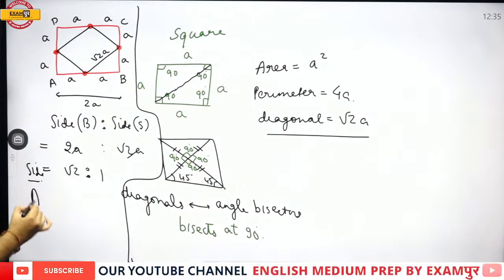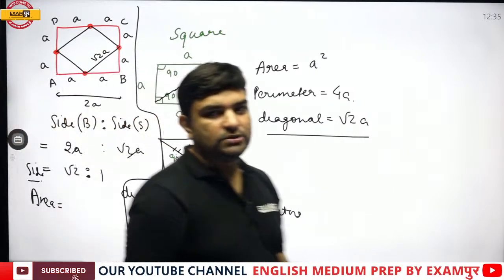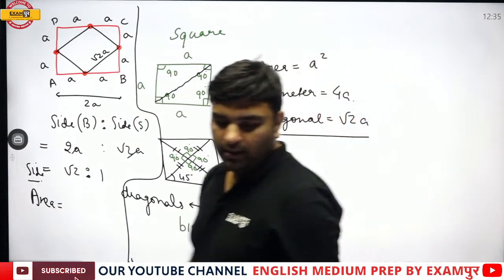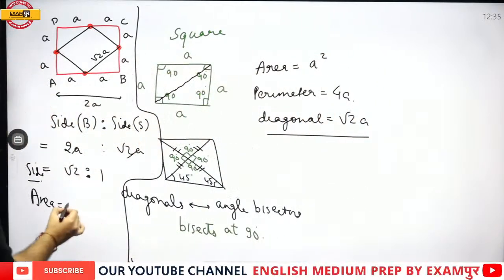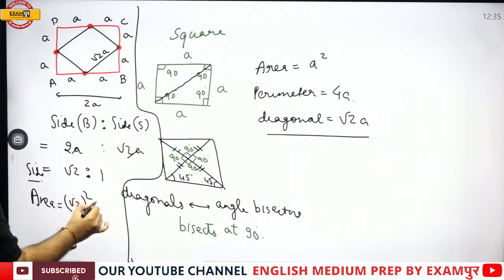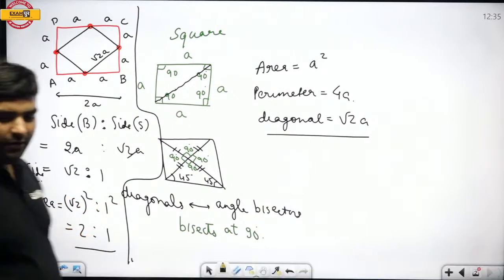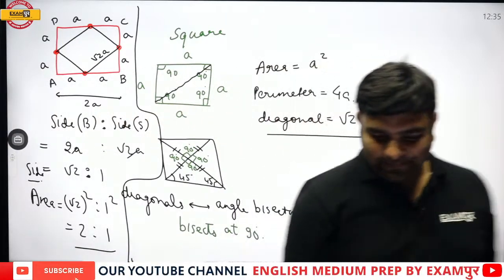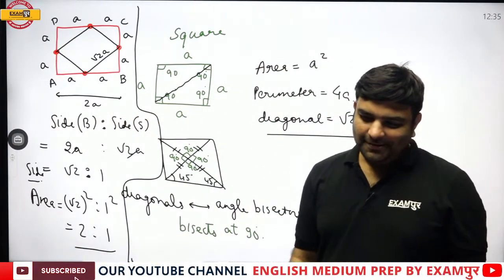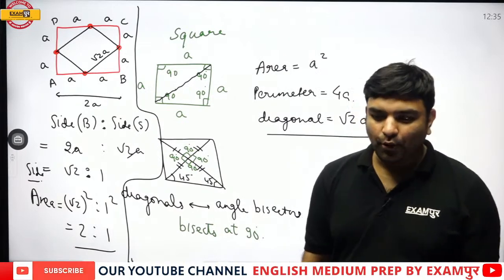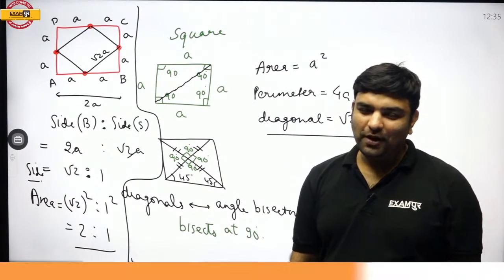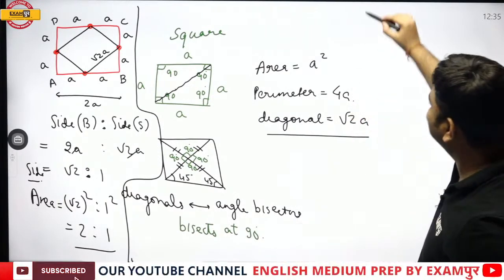So if I talk about the area of these squares, area is side square. So they will maintain a ratio of 2 to 1. Wow, what a huge discussion. If you initiate some point, that's going to be a win-win situation for you.